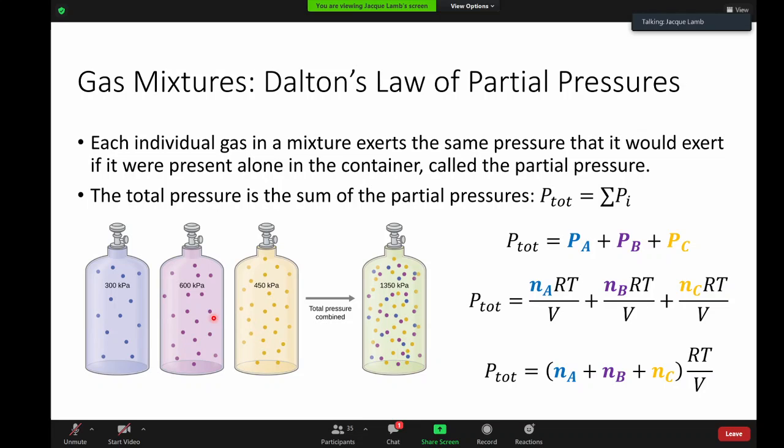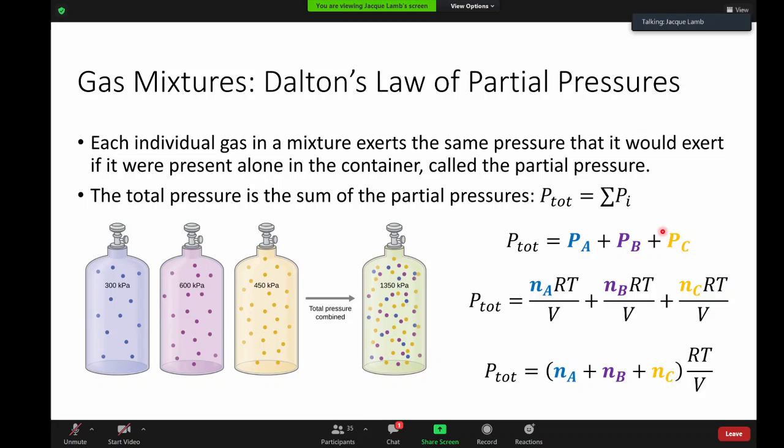If we combine all three of these gases into a container of the same volume, they each are exerting their individual pressures, but collectively they have a pressure of the sum of their partial pressures of 1,350 kilopascals. So the total pressure is equal to the sum of the partial pressures of each of those gases individually.